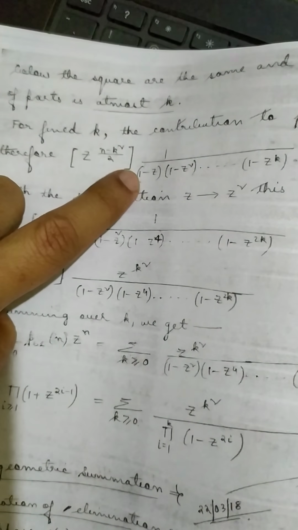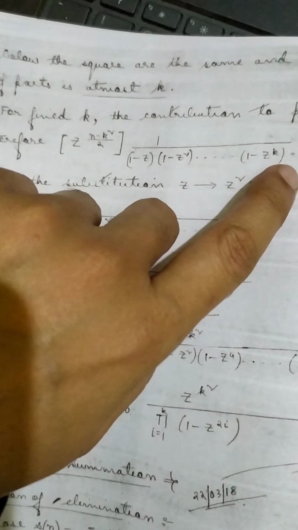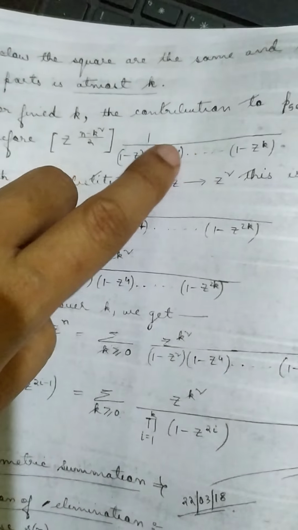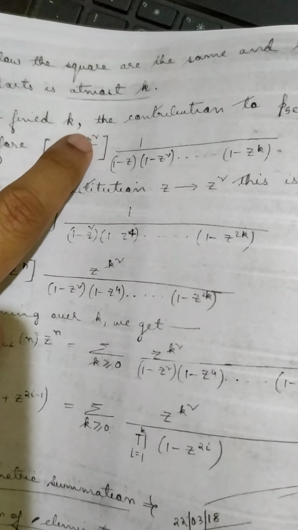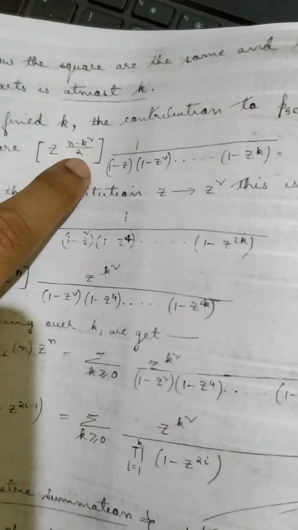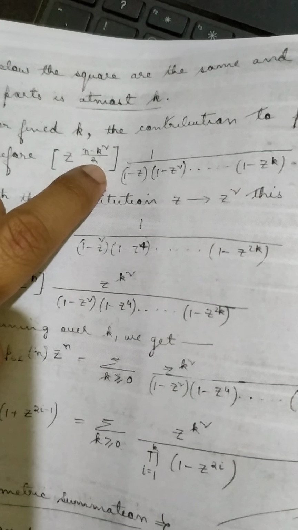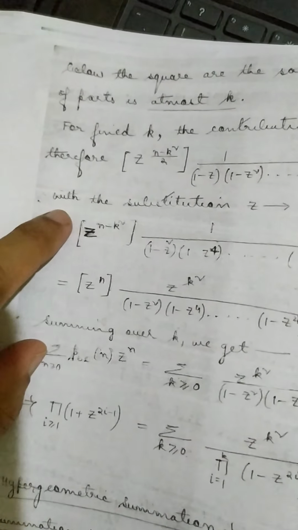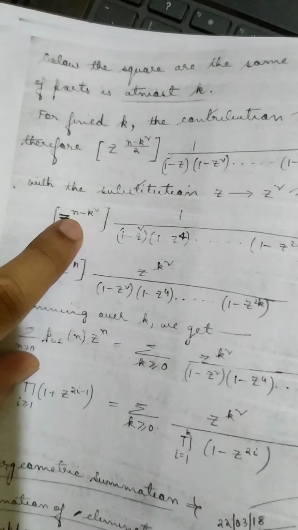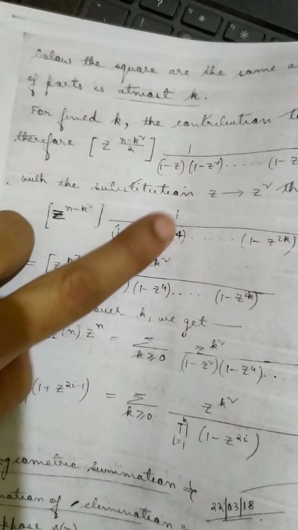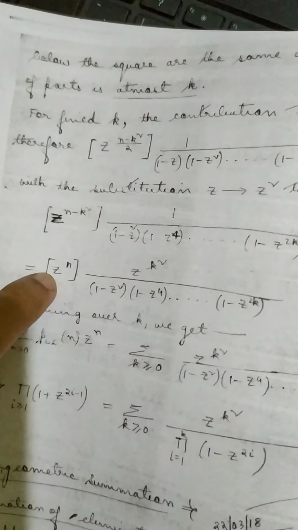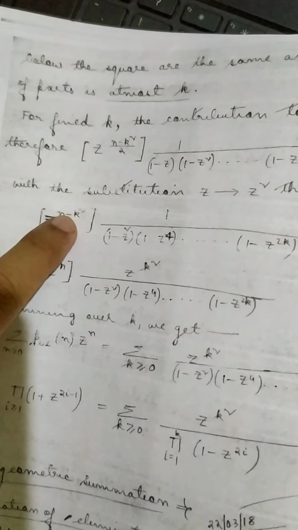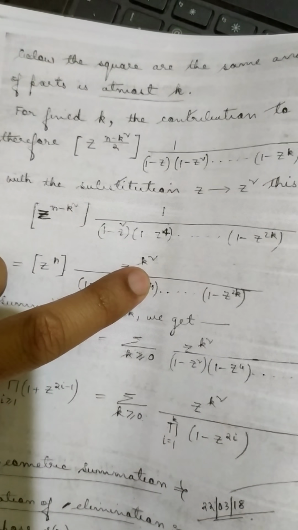Just consider this product, 1 over this, and take the coefficient of z to the power (n minus k square) divided by 2, because each of these partitions contains (n minus k square) divided by 2 members. Substituting z by z square, we can have this, and this is nothing but replacing n minus k square by n.